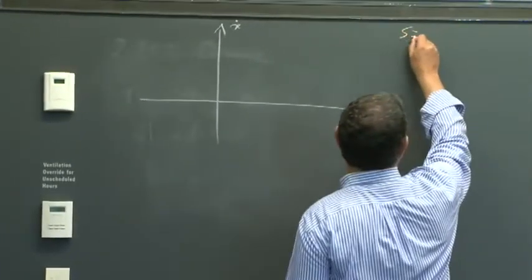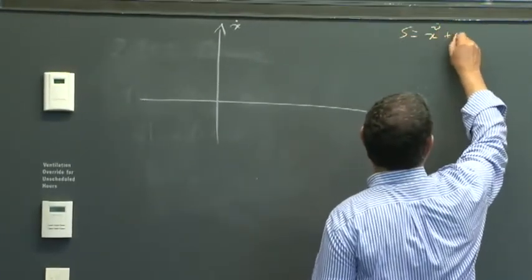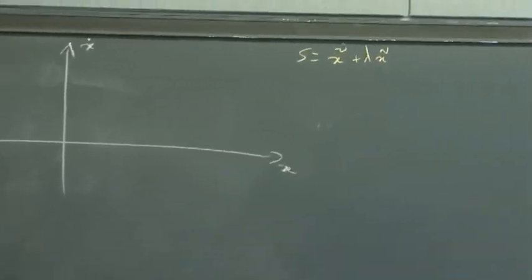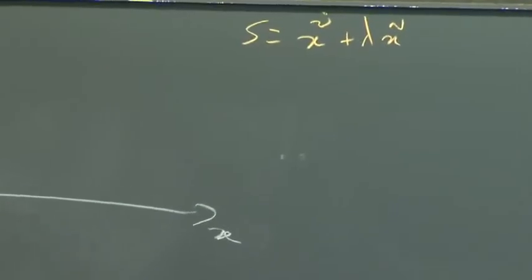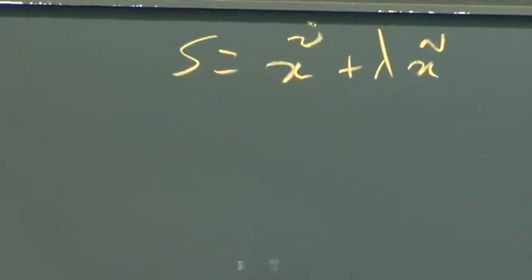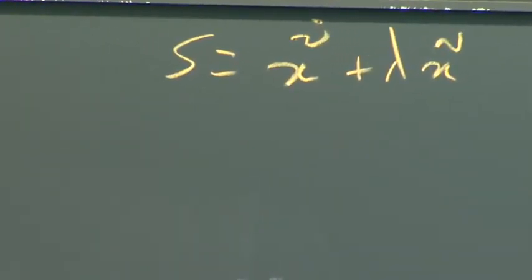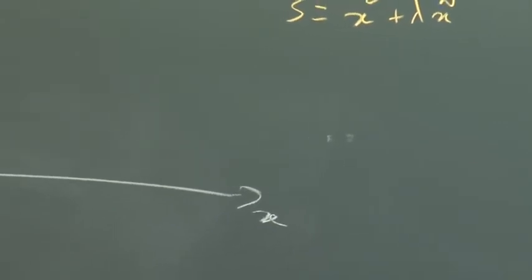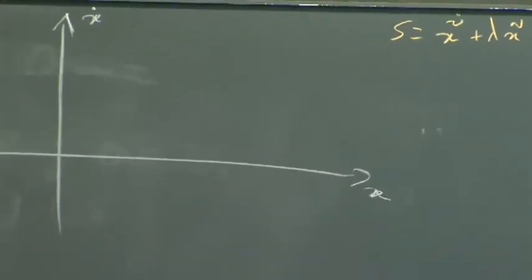S is x tilde dot plus lambda x tilde. Lambda is, you know, 7 or some positive number. How can we draw S equals 0 on this plane? Is it a circle, a line, a square? It's a line, right?